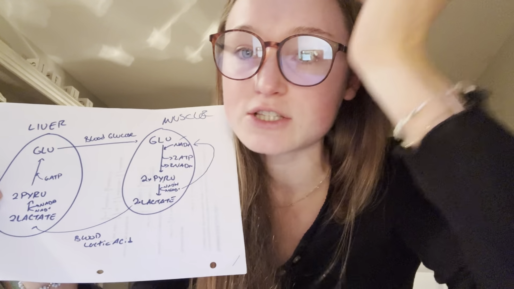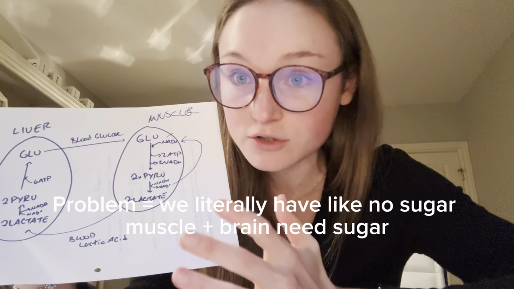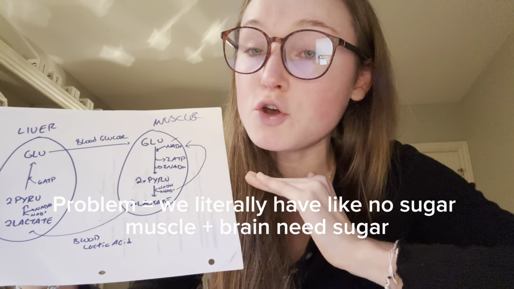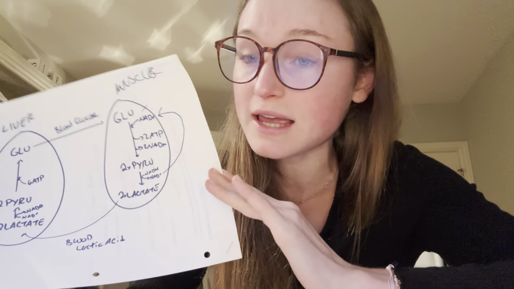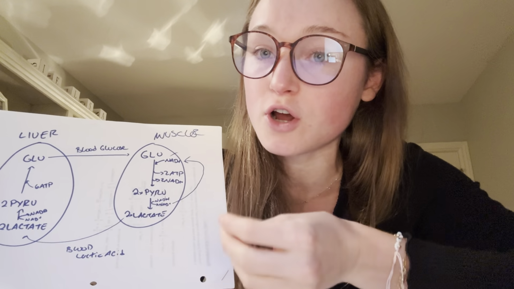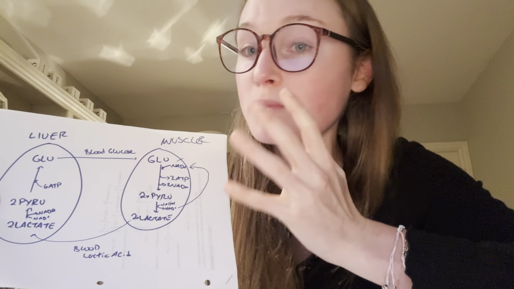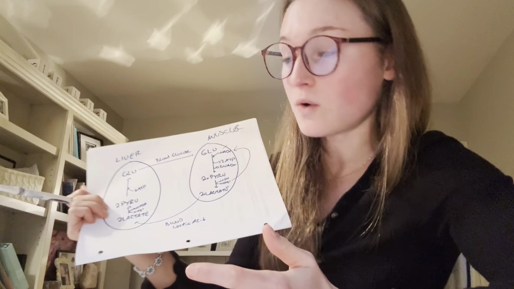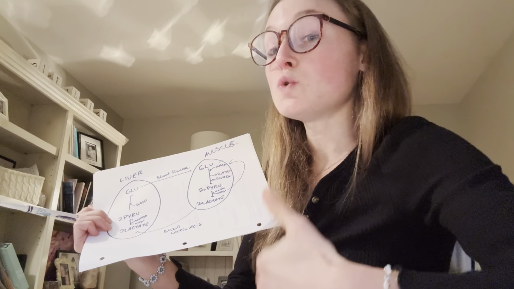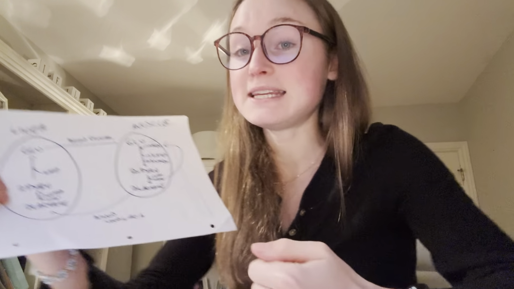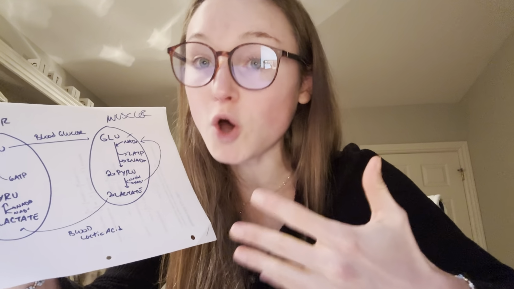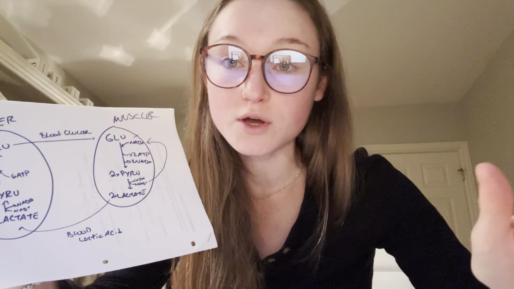Your muscle literally has no sugar. You're running so intensely, you have no more sugar, you have no more glycogen. Your muscle is literally starved of energy. So your body understands now it needs to do gluconeogenesis. It needs to start making its own glucose, because no glucose is coming in.